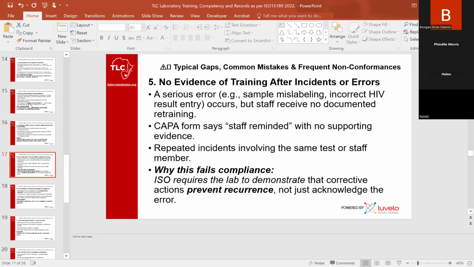Another big thing about your competency: the person that is being deemed competent must keep the evidence. If you're doing a peer review, you must have a copy of the worksheet. If they're watching how you enter results, you must have a copy of the results that were entered.